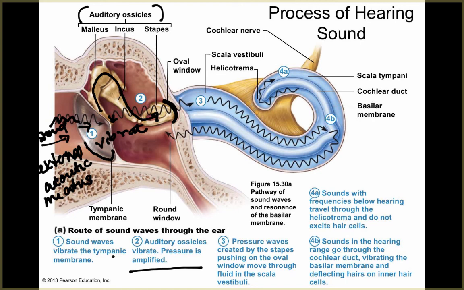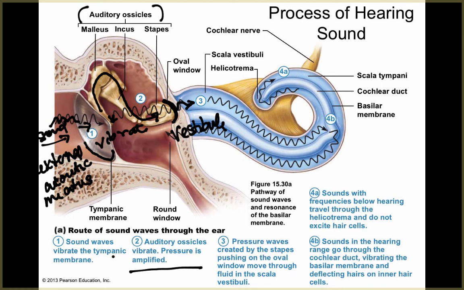So vibration is transmitted through the auditory ossicles to the vestibule. From here, that vibration or information is going to enter into here, right?